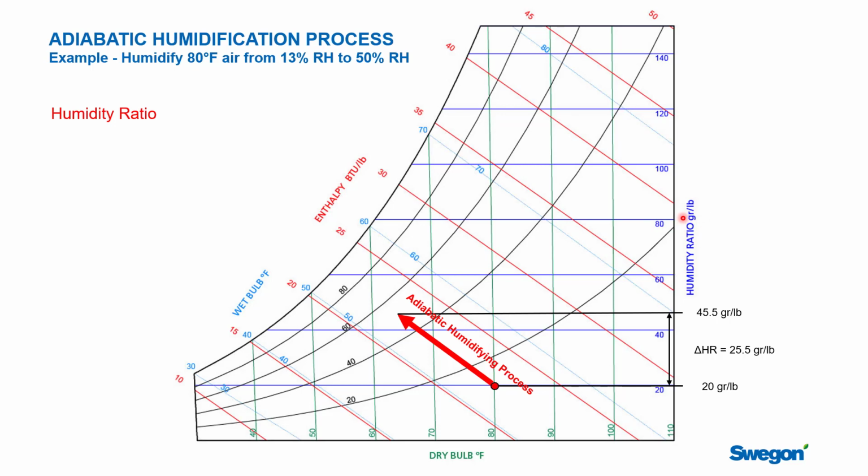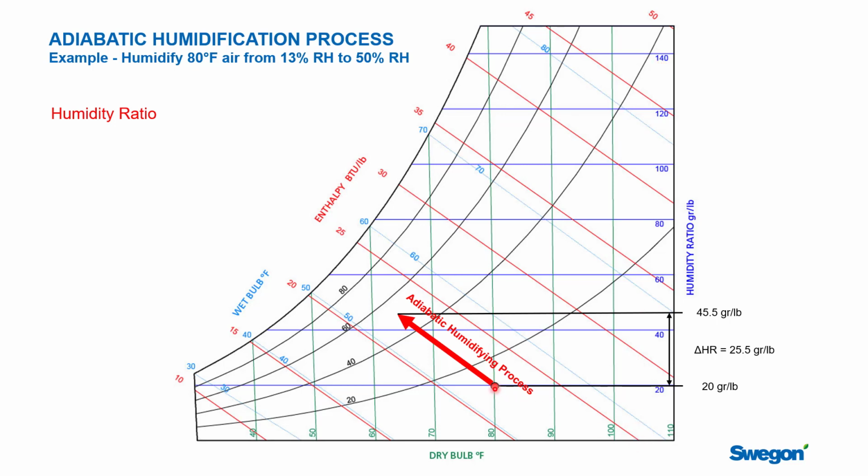A grain is, there are 7,000 grains in a pound of air, so it's just a unit of measure of weight or mass. And so you can see this is 60 grains, this is 100 grains, meaning that there are 100 grains of water vapor in 1 pound of air. So the higher up you are in this chart, the more moisture there is in the air, more water vapor in it, the further down, the drier the air.